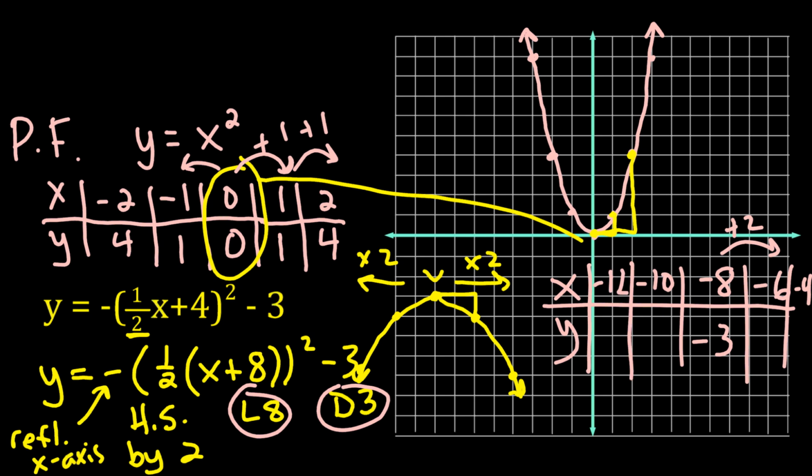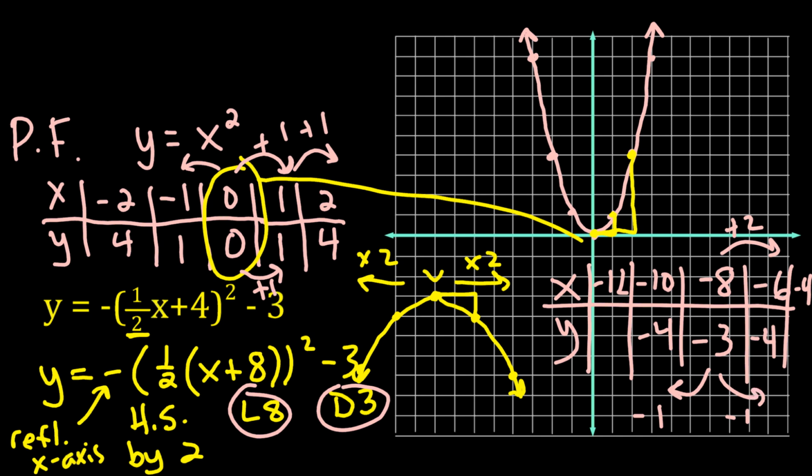Okay, then how do we get our Y values? Well, instead of going up 1, this is going to go upside down, and so it's going to go down 1 to get the next few points, so it'd be -4 on both sides of that.